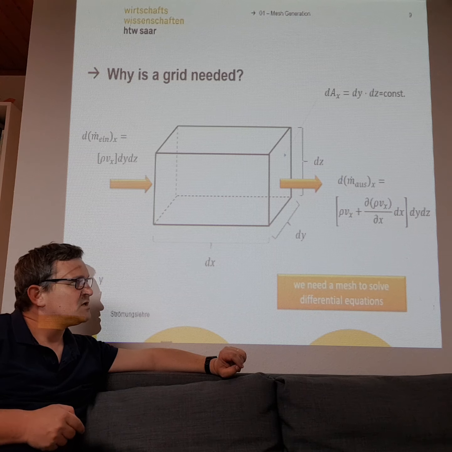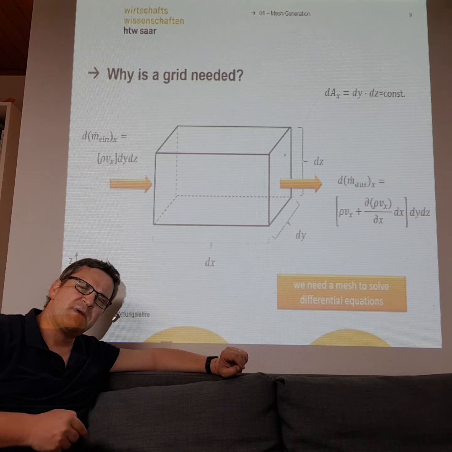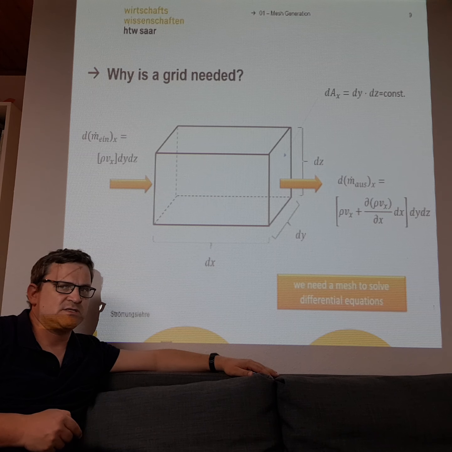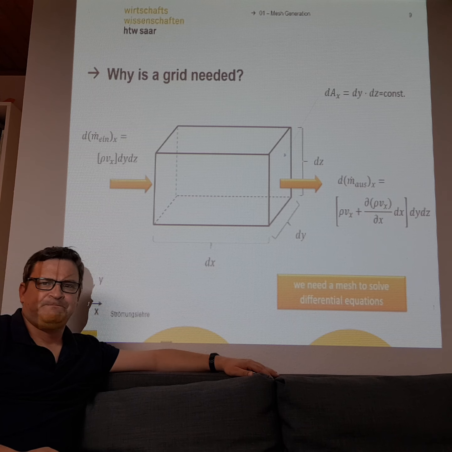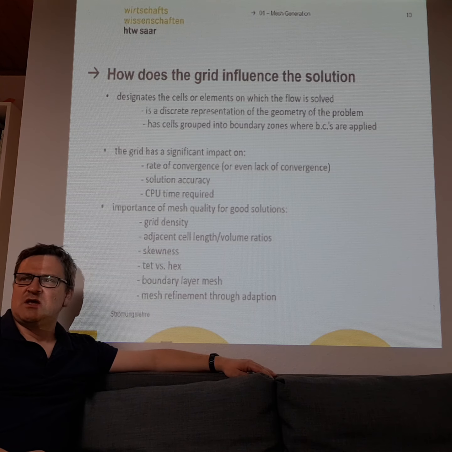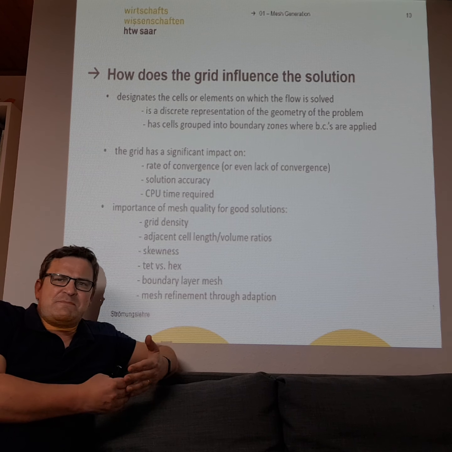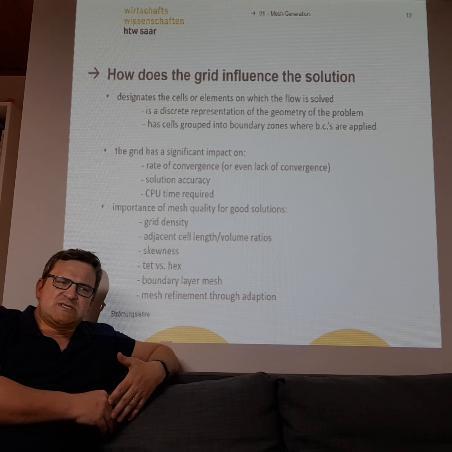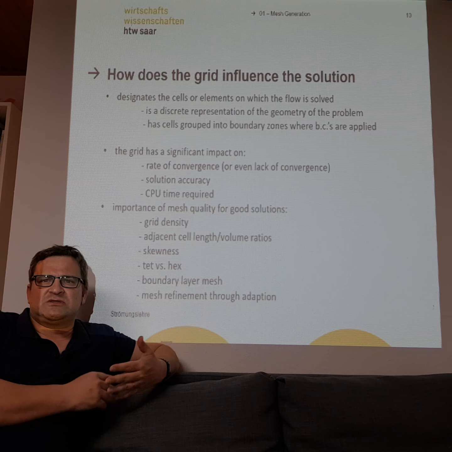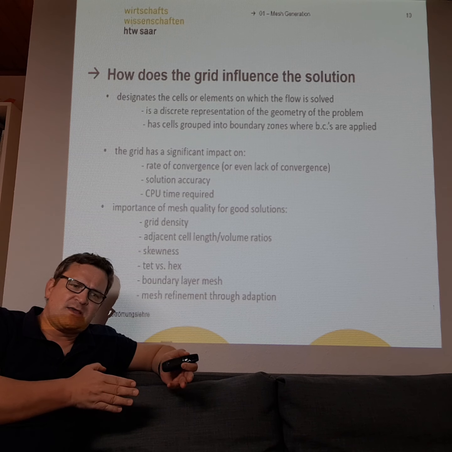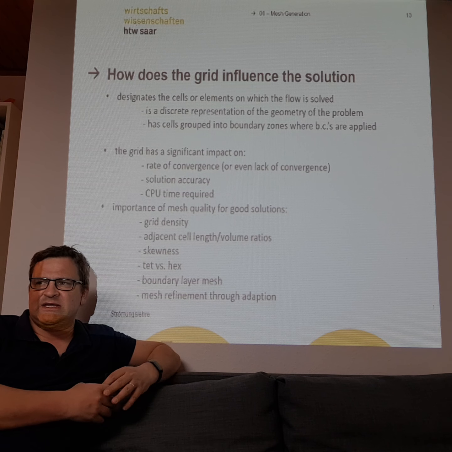Okay, so we will come back to this point later. It gets more complicated. Okay. So now, before we step into differential equations and mass conservation or momentum conservation, let's step back. Don't make it too complicated.